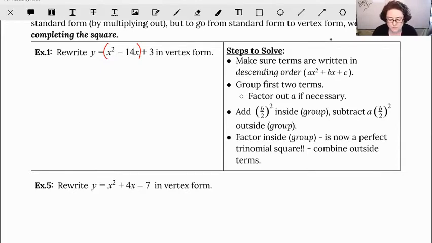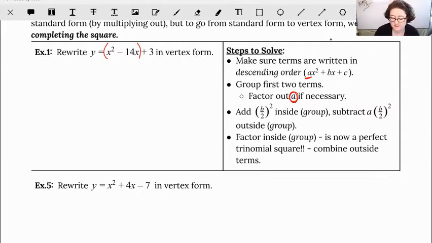We don't have any common a value, which would be our first thing to look at. Do we have an a term there? We do not, so I don't need to take that first step in the list. We'll look at a couple of examples that do have that.